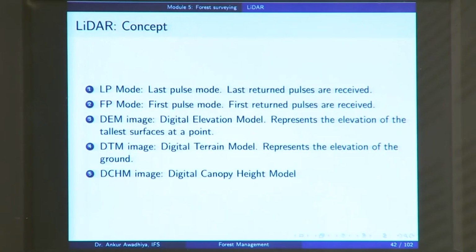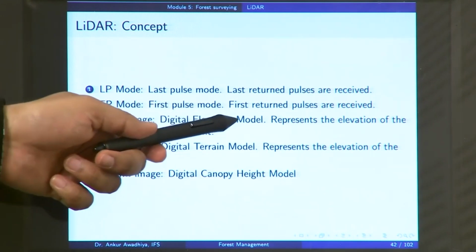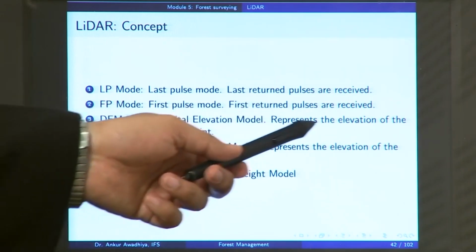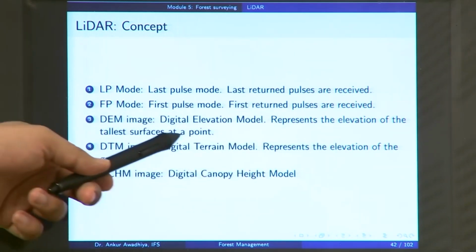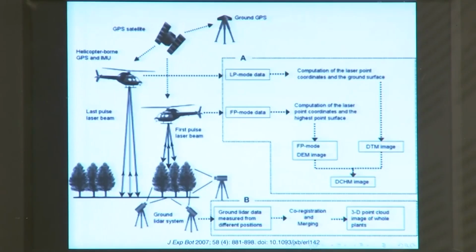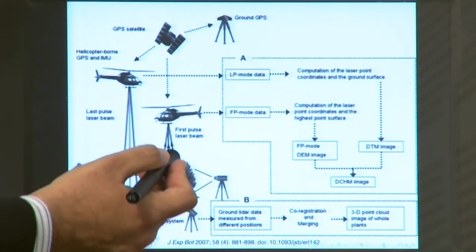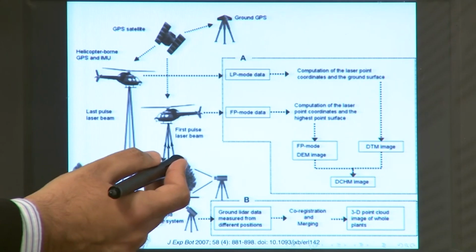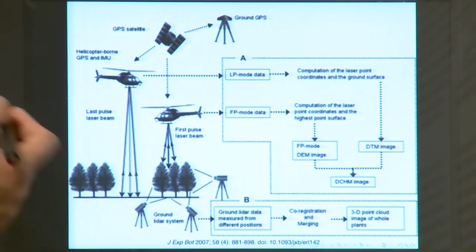Now, in this case, you can construct two different sorts of surfaces. One is the DEM image. DEM is the digital elevation model. It represents the elevation of the tallest surfaces at a point. So, in this case, what you are doing is that you are measuring this surface, and when you construct the whole surface, it will give you the DEM.